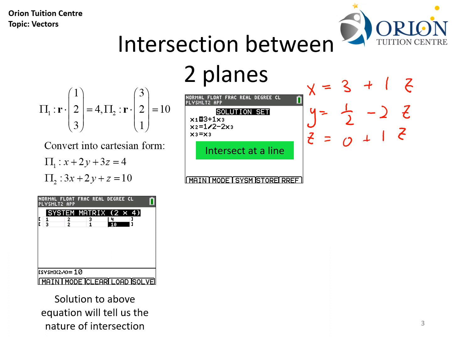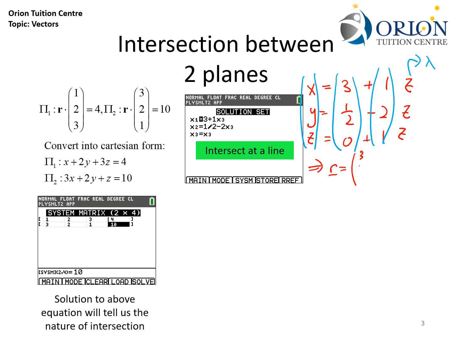And now I can group them up like this and let z equal lambda. And therefore, I can say that the solution can be written as r equals (3, half, 0) plus lambda multiplied by (1, minus 2, 1), where lambda is a real number.